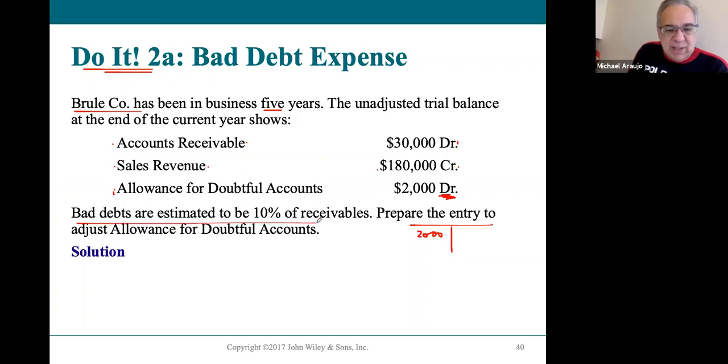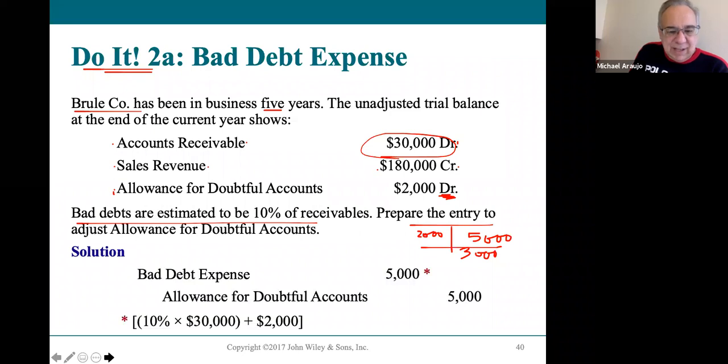Bad debts is supposed to be 10% of receivables. 10% of receivables means that the balance should be $3,000 on the credit side. Well, how do you get from a $2,000 debit side balance to a $3,000 credit balance? Well, you're going to need a big $5,000 credit here to get there, which means that your bad debt expense for that year is going to be $5,000. It's going to be much larger.